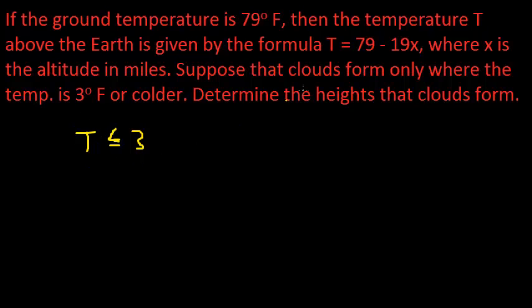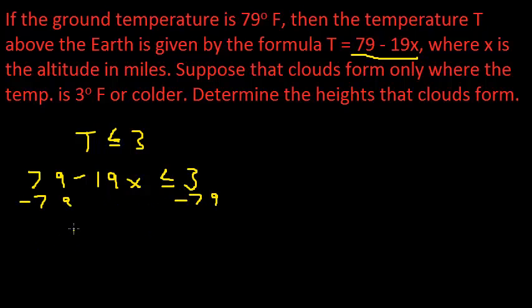Well, if the temperature is 79 minus 19x, let's plug that in for T, and we see 79 minus 19x can be less than or equal to 3 degrees. Now I can solve this and find at which heights the temperature is 3 degrees or colder. So I subtract 79 from both sides, and I have negative 19x is less than or equal to negative 76.